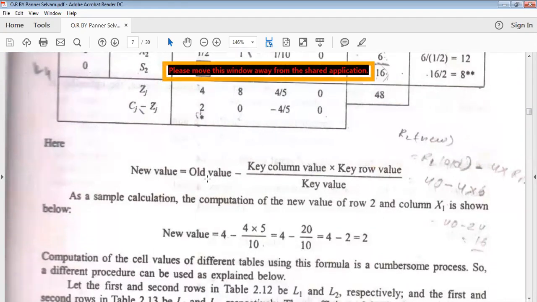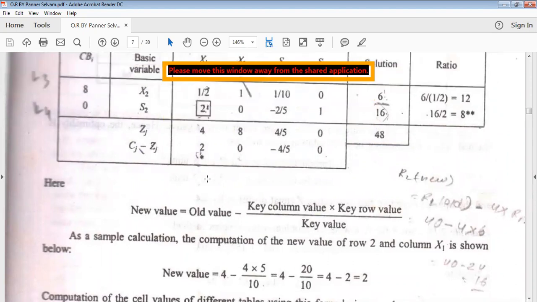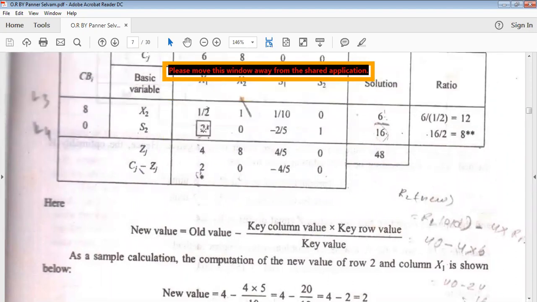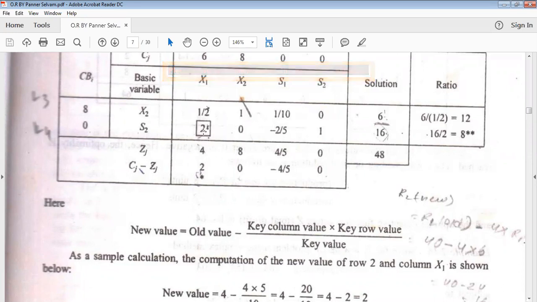After this, the key element has to be converted into 1, and this half has to be converted into 0. So to make this 1, divide the entire equation by 2.